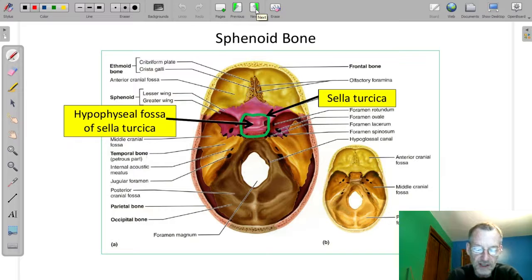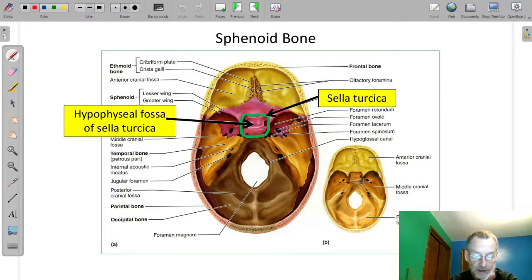Superior view again. And here I'm just pointing out the sella turcica. You probably studied this in A&P1 when you did the skeletal system. But the hypophyseal fossa is the depression which the pituitary gland sits in. And so that's all I want to point out in this view. So you should recognize the hypophyseal fossa and know that it's a part of the sphenoid bone.